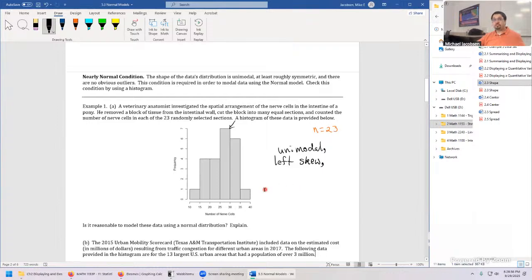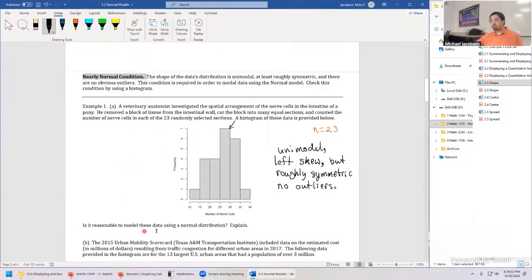This is not skewed to the point of being in violation of the nearly normal condition. We would say it's still roughly symmetric. Left skewed, but roughly symmetric. There's no outliers in these data, so that's helpful. No outliers.